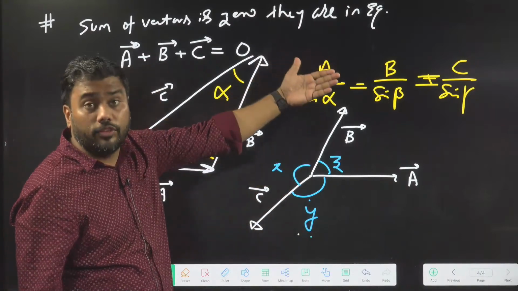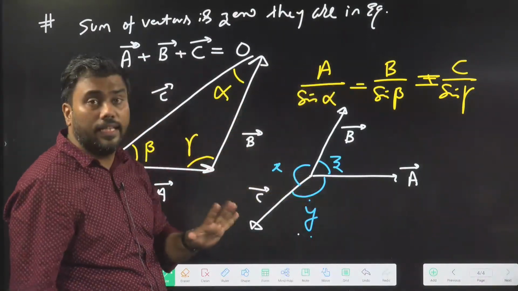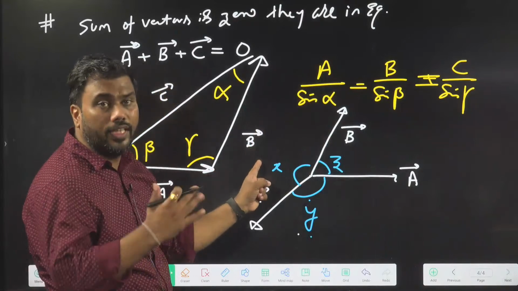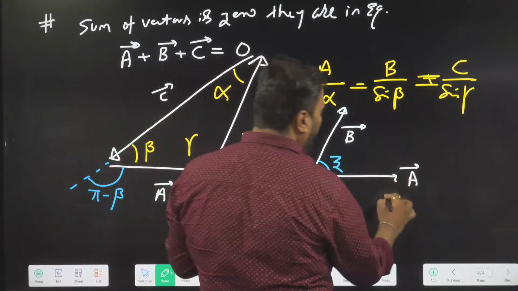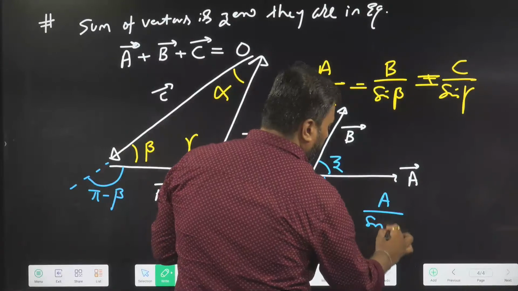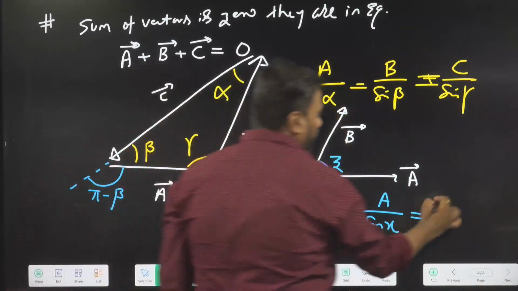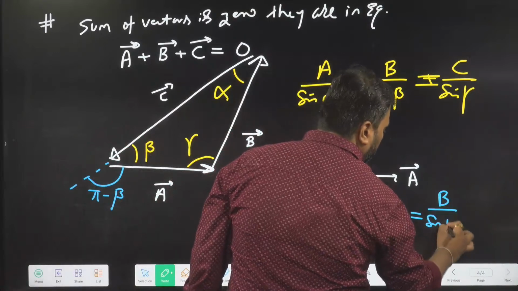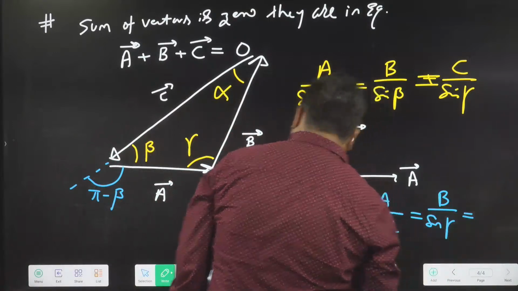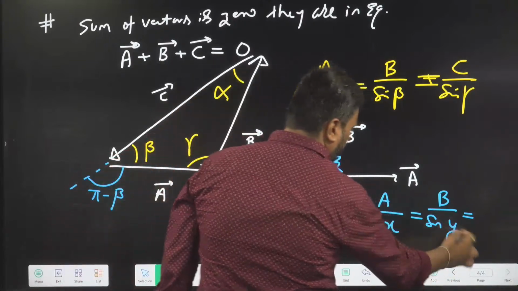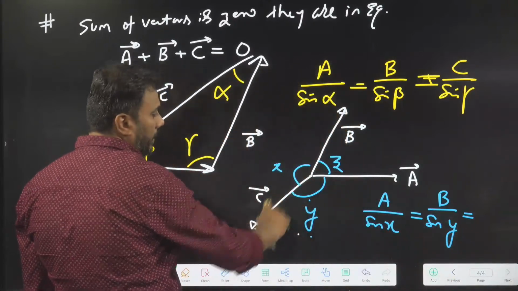Now the same Lamy's theorem can be written in these angles also. A vector's length upon the sine of the opposite angle. So we can write length of A upon sine X, B vector's length upon sine Y, and length of C vector upon sine of its opposite angle.